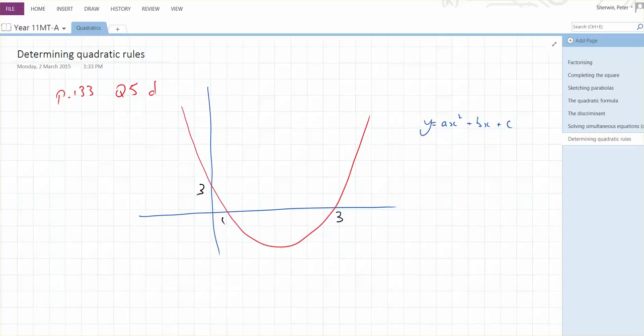If we did know the vertex, as in E, I think we'd use the vertex form of this equation to start with, because that would make life easier. In this particular question we don't, so I think starting here is going to be good.